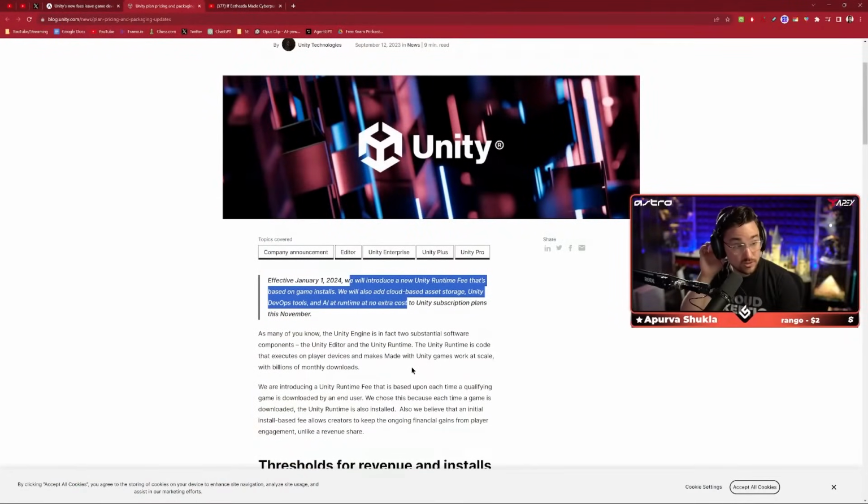This is seemingly a policy entirely designed to take advantage of that phenomenon where people want to just download the game, get it ready, because it doesn't cost them anything to download it, so they can try it for 10 minutes or whatever. But Unity now wants to make their money every time a game is installed.